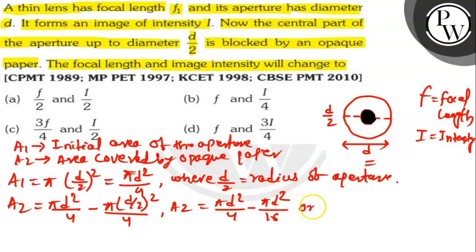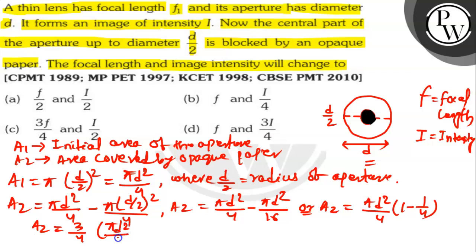So, we can also write A2 is pi d square by 4 into 1 minus 1 by 4. So finally we have A2 is equals to 3 by 4 into pi d square by 4.